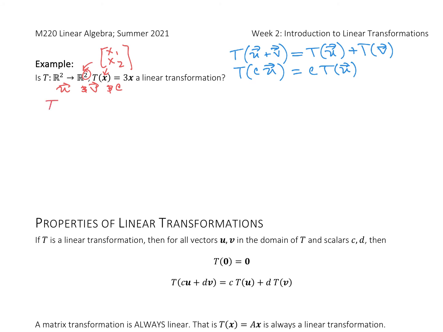So if we use this idea, our transformation on U plus V would look like 3 times the quantity U plus V. And we talked earlier about some properties of vectors, combining and multiplying. Remember I told you it was based on matrix multiplication, but it works the same way for scalar multiplication.